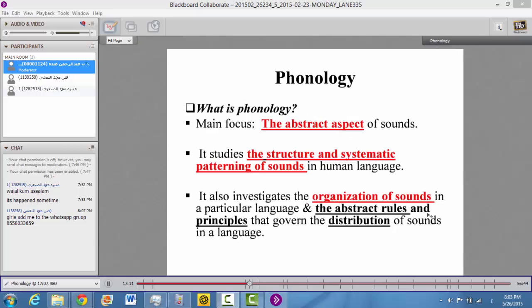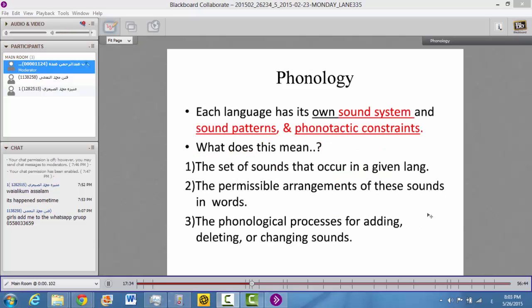Phonology is concerned with the abstract, mainly the mental aspect. It studies the structure and systematic patterning of sounds in human language, the organization of sounds in a particular language, and the abstract rules and principles that govern the distribution of sounds.